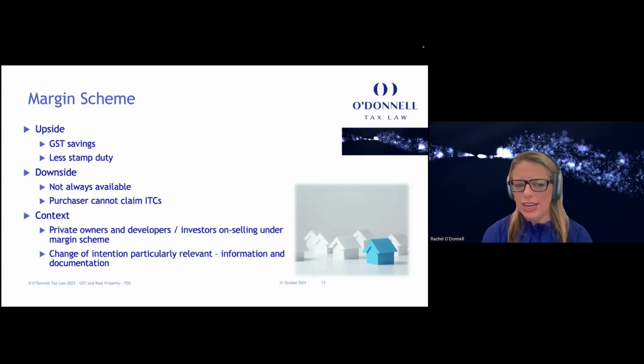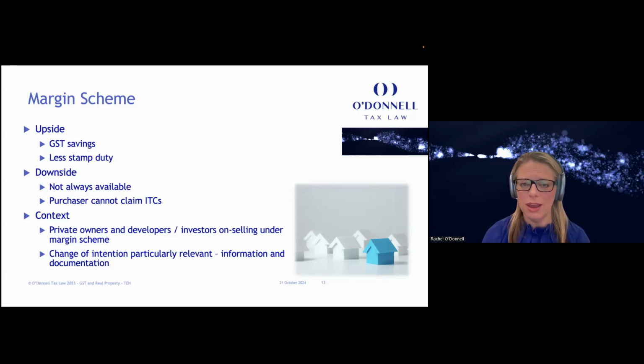The change of intention is particularly relevant, and so is information and documentation. If you are acquiring a property under the margin scheme, then you want to keep detailed information and documentation to support an eventual sale under the application of the margin scheme, so that you've got all the evidence you need to make that sale at the end.